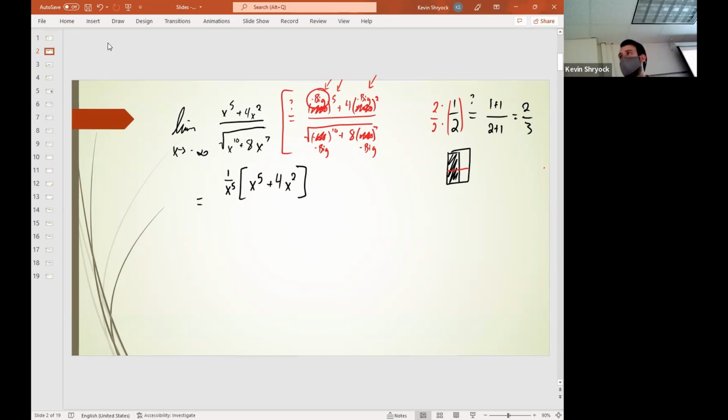If x to the 5th is the biggest driver and causing things to become very, very big, let's scale it down. And we'll do it to the denominator because multiplication on the numerator and denominator keeps it all balanced. And we still have our limit.